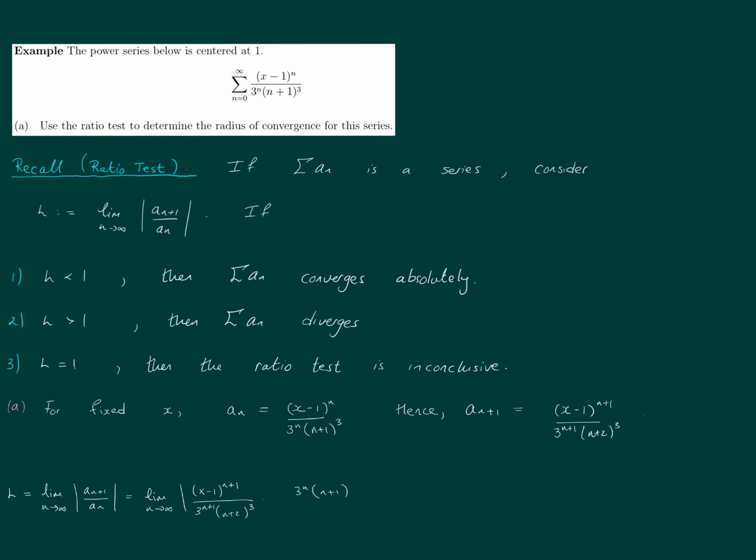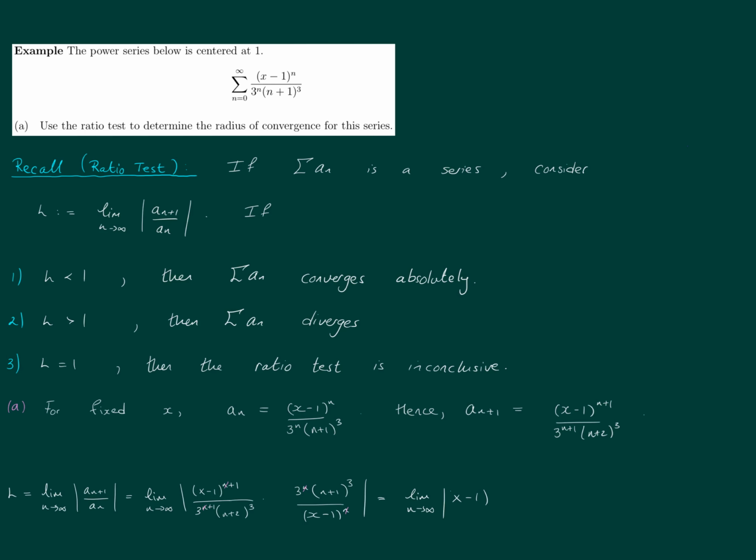So (3 to the n times (n plus 1) cubed) over (x minus 1) to the n. So we get the following cancellations, the (x minus 1) to the n plus 1 and the (x minus 1) to the n, and the 3 to the n with the 3 to the n plus 1.